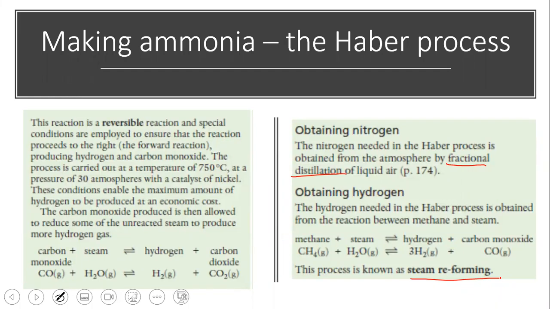The process is very simple. You take your methane, an organic compound, and react it with steam. The products you get are hydrogen and carbon monoxide. But generally, you can get it from fractional distillation of air.